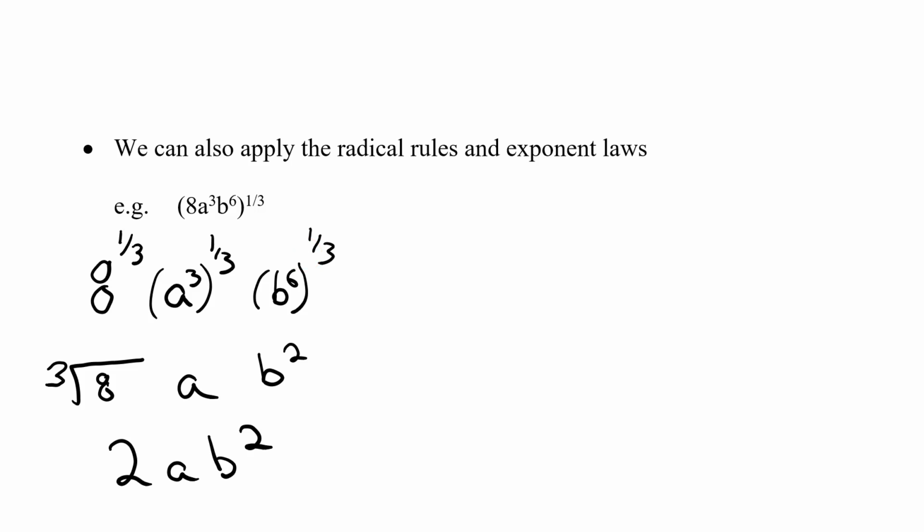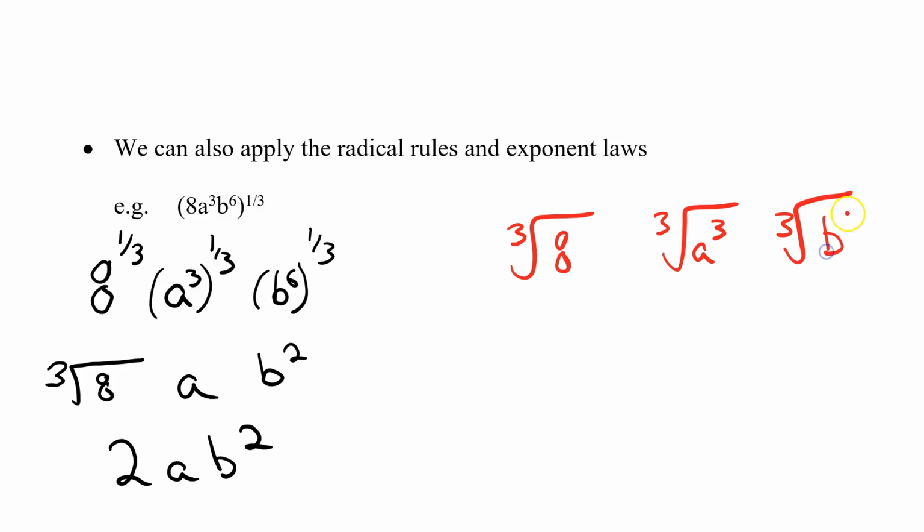Of course, I'll show you another way you could do this. You could have taken the 1/3 and changed them all into radicals. So you could have had the cube root of 8, that being the index. I could have had the cube root of a to the third, and I could have had the cube root of b to the 6. In this case, the cube root of 8 we know is 2.